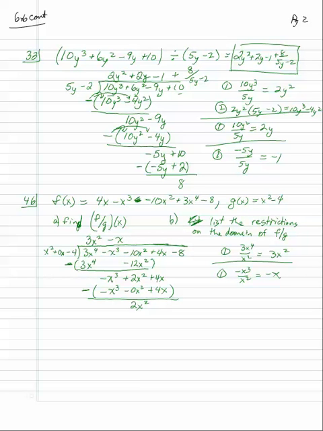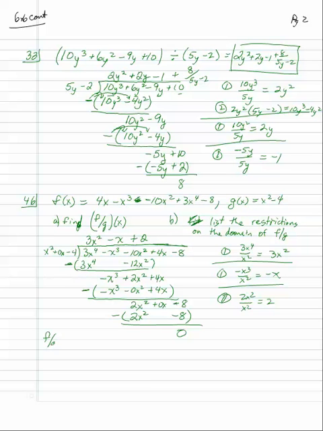Bring down the next term, and then we start over again. 2x squared divided by x squared is just 2, so you write plus 2. And it looks like it divides evenly, so put 0. So that's my answer.